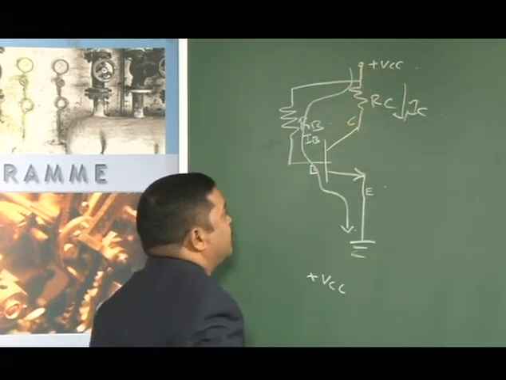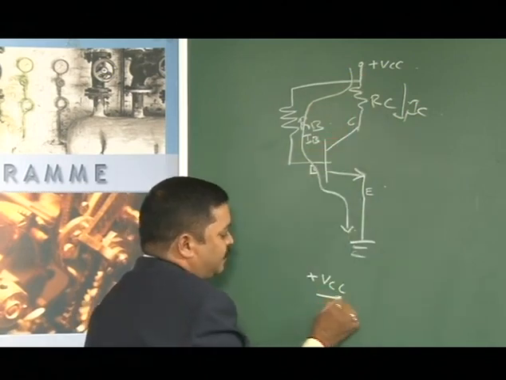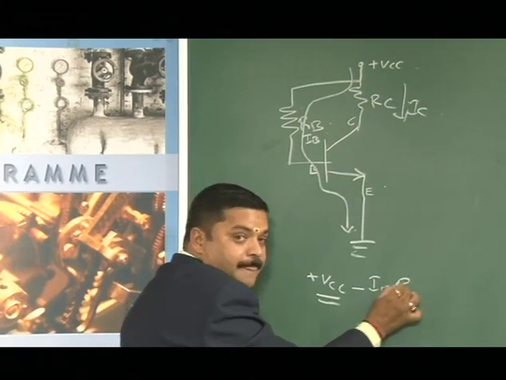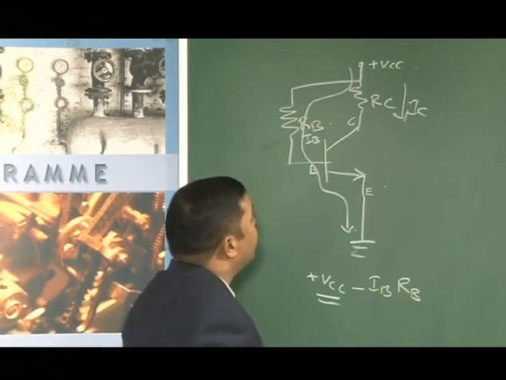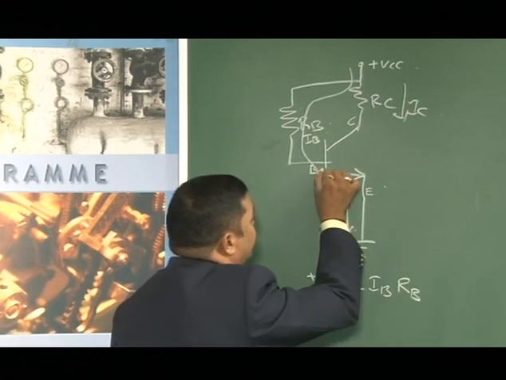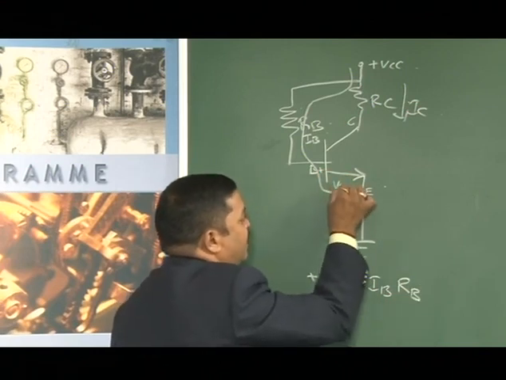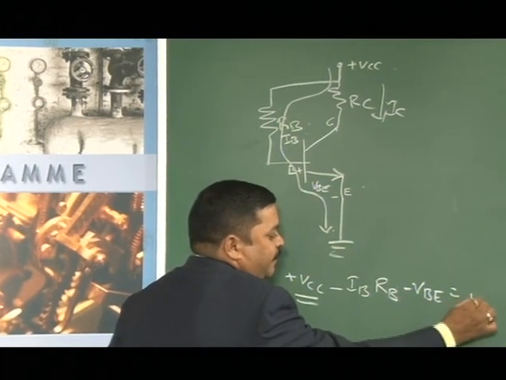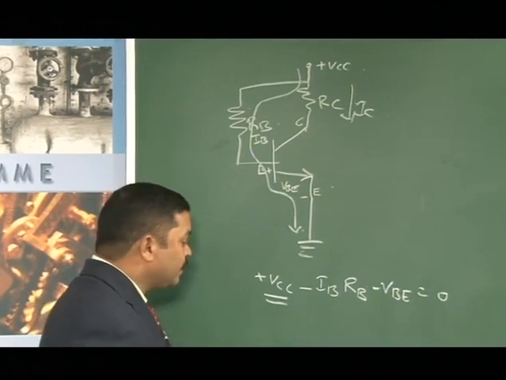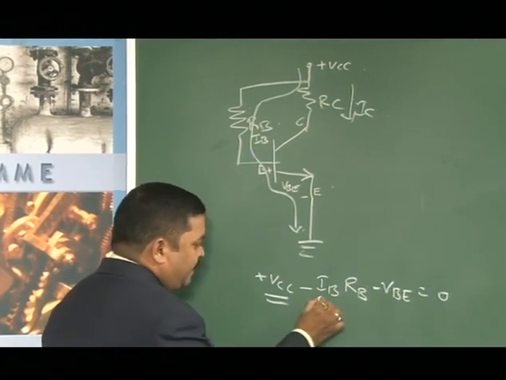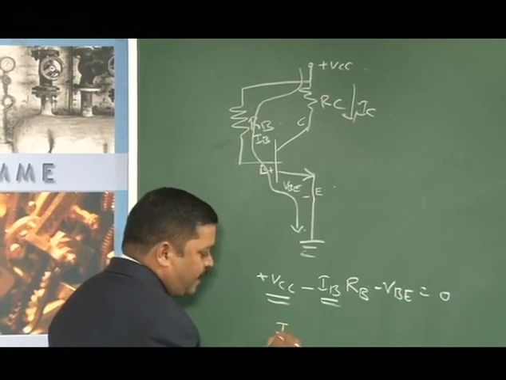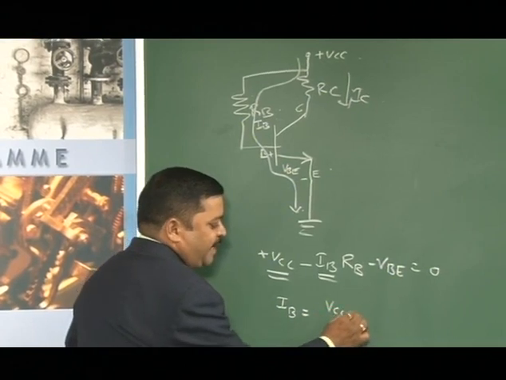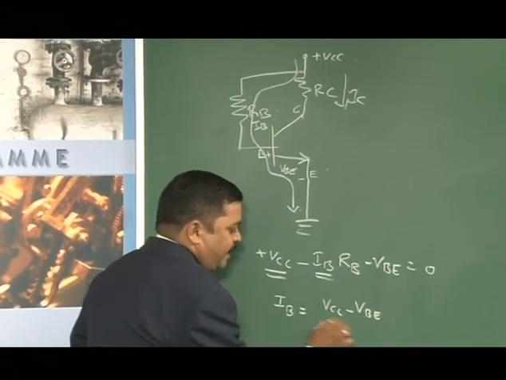Plus VCC minus IB into RB. Here, base to emitter there is the cut-in voltage, which is VBE. So, minus VBE equal to 0. Therefore, we want to find IB. So, IB is equal to VCC minus VBE divided by RB.